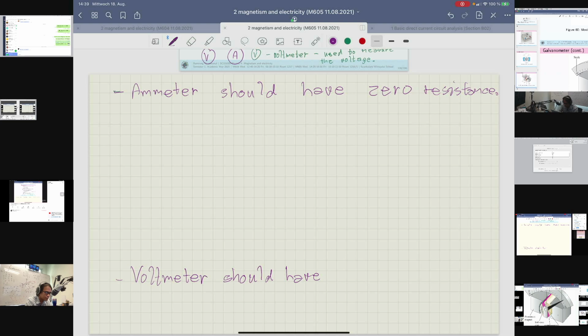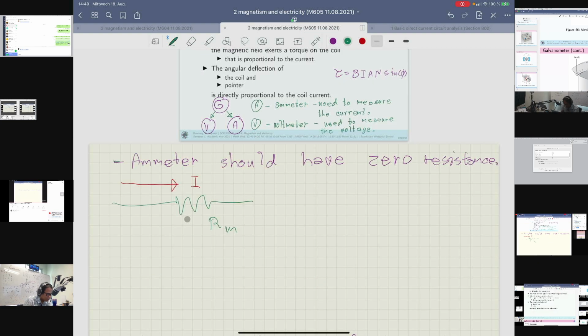In order to measure the voltage across this, first we would like to measure the current across this branch. Ammeter first, and we will go later to the voltmeter. How could we measure the current through this branch, how much charge flowing through this resistor?